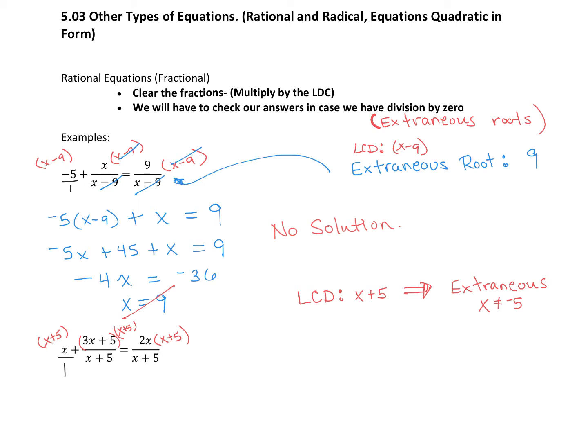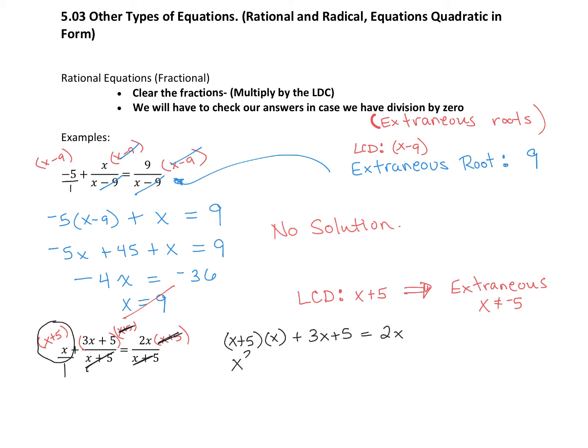All right, so if I distribute or cancel out here, I get x plus 5 times x for this first multiplication. For the second one, the x plus 5's cancel, and I get 3x plus 5. And for the last one, the x plus 5's cancel, and I get 2x.